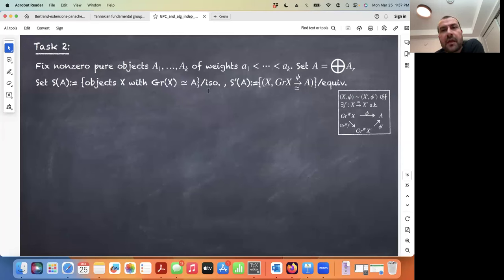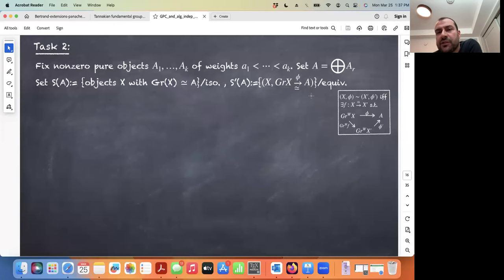That's S of A. And then there's S prime of A, where you look at the collection of all pairs, X, and then an isomorphism between the associated graded of X and A. We mod that out by the natural equivalence of such pairs.